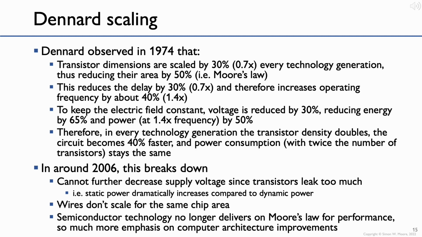Okay, so that was why we were getting these amazing technology scalings in the 80s, 90s, and into the 2000s. In around 2006, this starts to break down. Critically, we cannot further decrease the supply voltage because when you decrease the supply voltage too far, the transistors actually start to leak too much, and you start getting what's called too much static power.